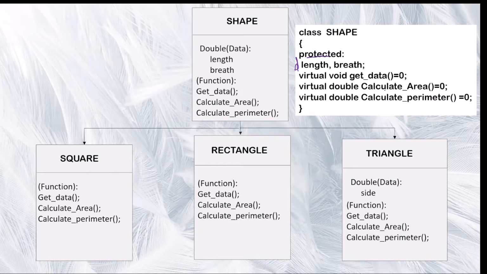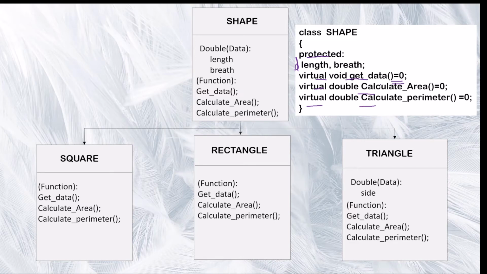Next, the functions. The functions are all with the keyword virtual. So this means this can be bound during runtime. Next, this is equal to 0. The virtual function equal to 0 means it is a pure virtual function.